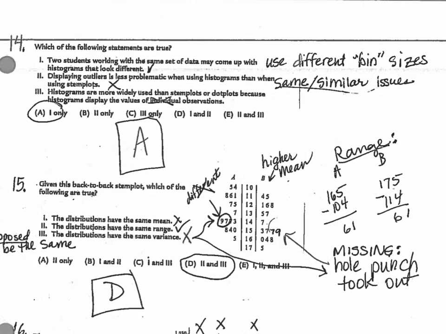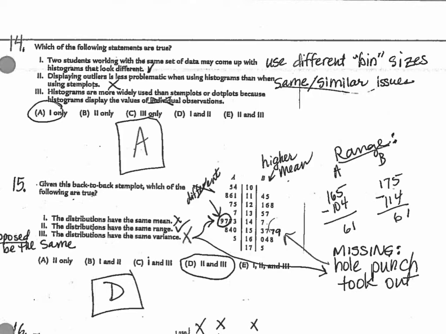And so here's why. The first statement is true because we could make different bin sizes. If we all had the same data, you could do your bins by maybe going by 5s, and I could do my bins and go by 10s. Well, if we did different bins, then we're going to put different amounts in each one of those bins, and so the histogram will look different.